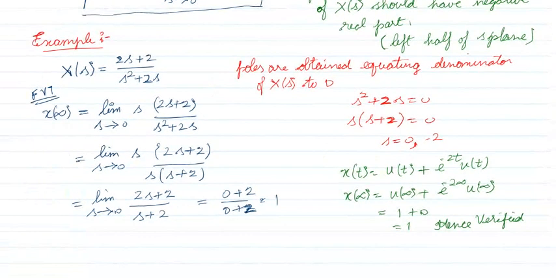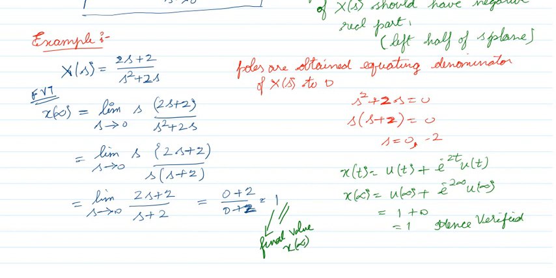Now in place of s I put 0. So 2 into 0 is 0, so it becomes 0 plus 2 divided by 0 plus 2. We are getting 1. Okay, so this is the final value, that is, in time domain x of infinite.